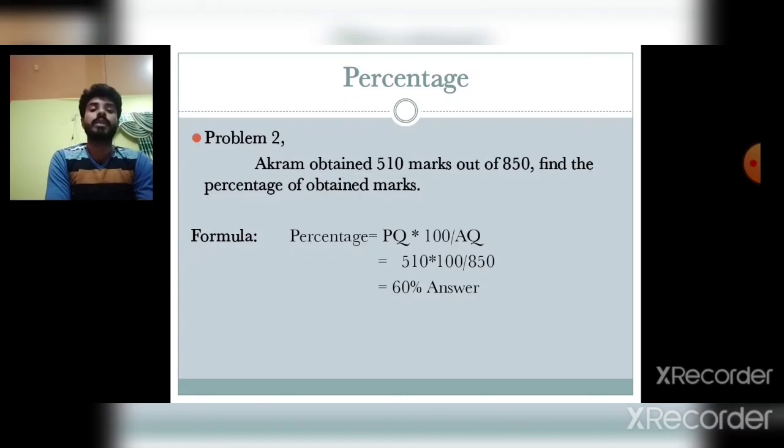So the formula for percentage is part of quantity multiplied by 100 divided by actual quantity. What is the part of quantity? Part of quantity is 510, and we have to multiply it by 100, and the actual quantity was 850, meaning the total marks. So when we solve this problem, the answer will be 60%.